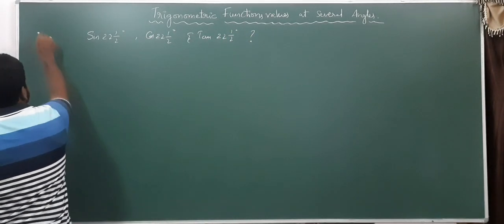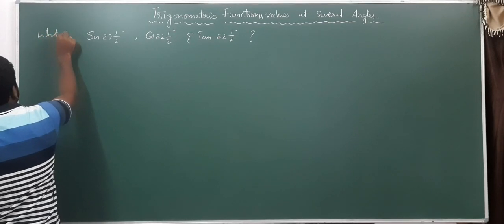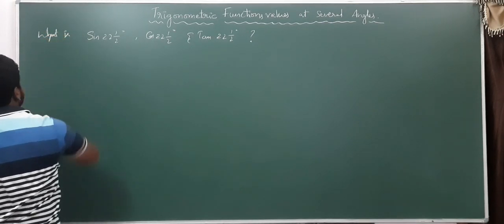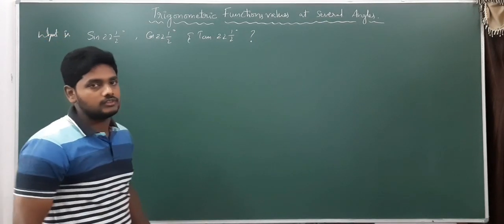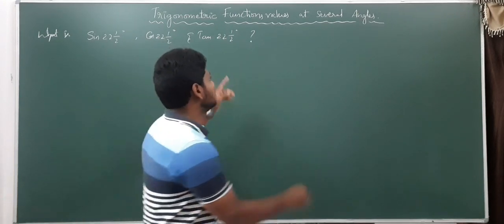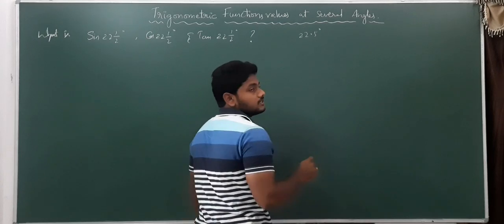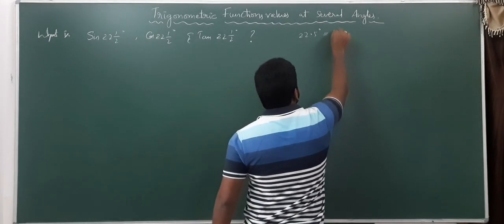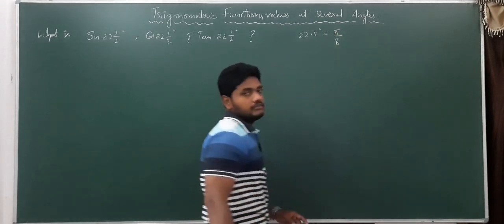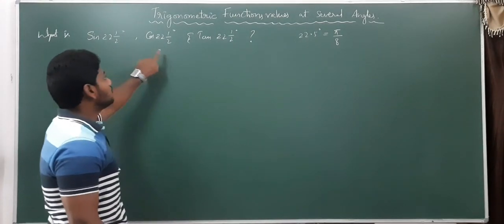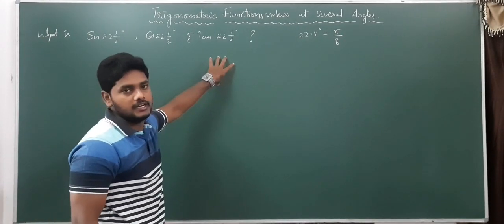So what is sine 22.5, cos 22.5 and tan 22.5? The 22.5 degrees we can write as pi by 8. We are finding sine pi by 8, cos pi by 8 and tan pi by 8.